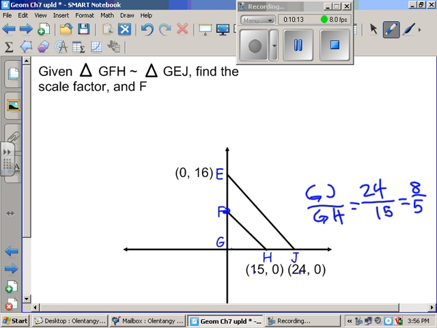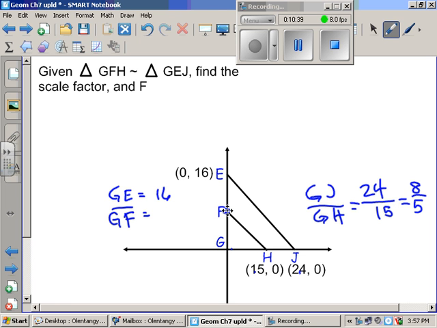Okay? And that scale factor should hold for GE and GF. So I'm going to do GE, which is 16, over GF, which I don't know. Oh, not a 0, an X. Okay?